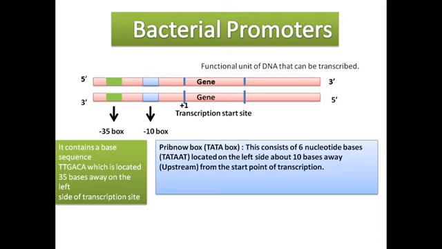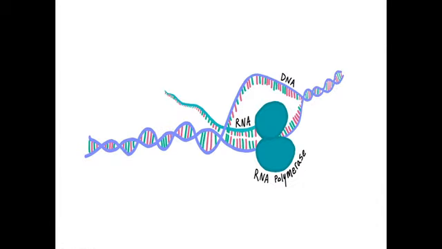Without the sigma subunit, the RNA polymerase core enzyme is not able to bind specifically to the gene which is to be transcribed, and it would be a wasteful process, because under certain conditions we only require certain genes. So the sigma subunit makes it more specific, more precise as to which gene is to be transcribed.